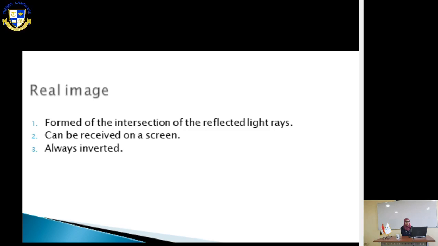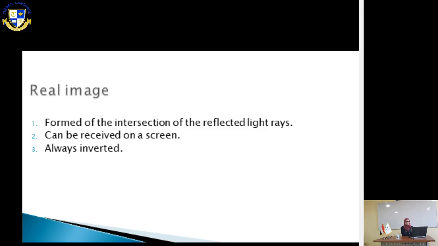Here we are going to take real image and virtual image. What is the real image? Real image is always inverted, but the virtual image is always erect. The real image is always inverted and can be received on the screen, formed by the intersection of the reflected light rays. So here we have real image and virtual image.